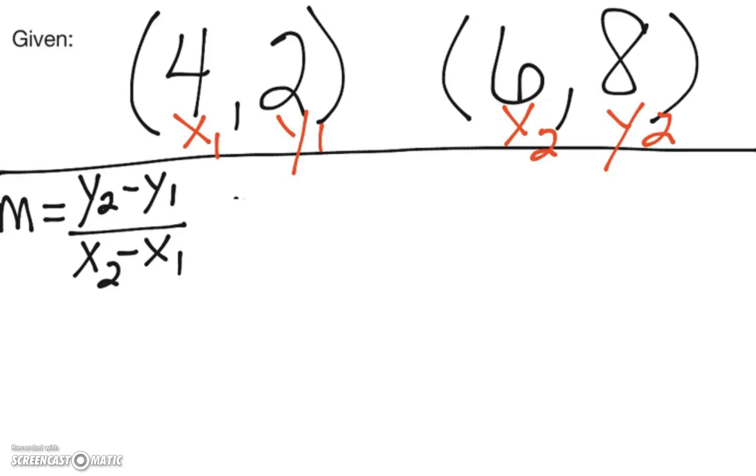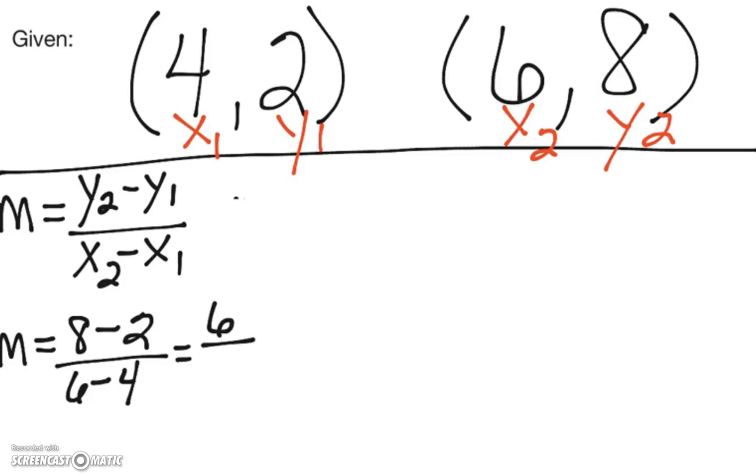Alright, let's plug our numbers in. So we have m equals 8 minus 2 over 6 minus 4. 8 minus 2 is 6. 6 minus 4 is 2. And then we reduce that. And 6 divided by 2 is 3. That means that our slope is 3.